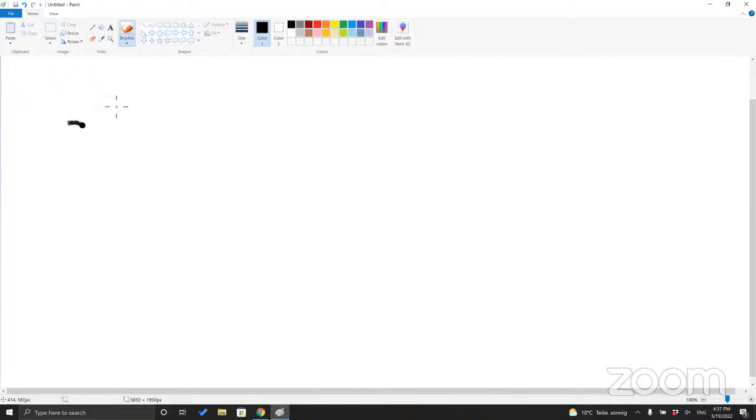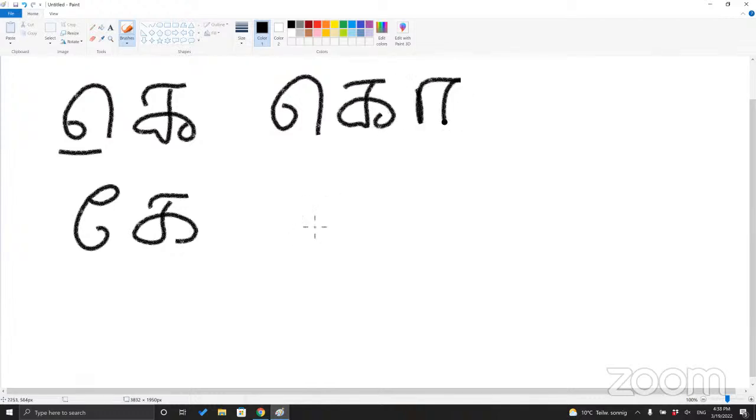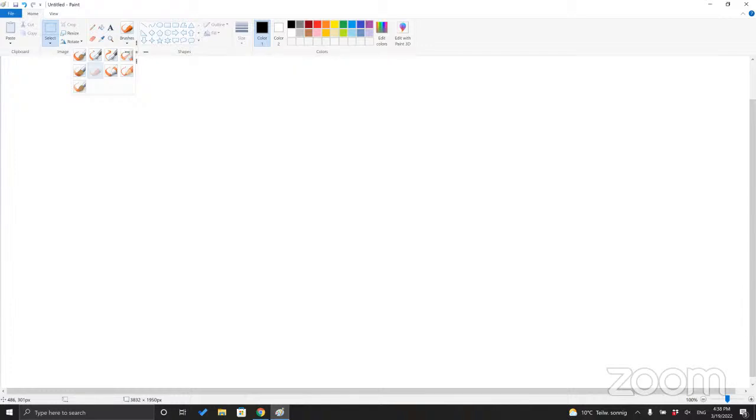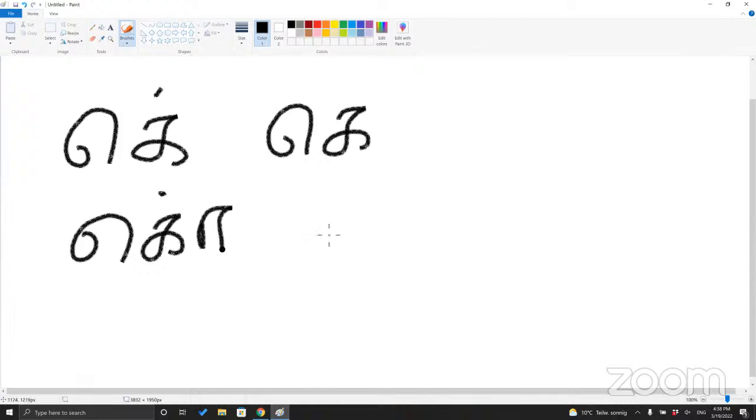So you have your K, which is basically your K. So it's not K, but in Grantha it's K, right? Same way, Ko, it's actually Ko, right? So there is a reason for it, because like 200 years ago in Tamil, this was K, and this was K, and this was Ko, and this was Ko, right?